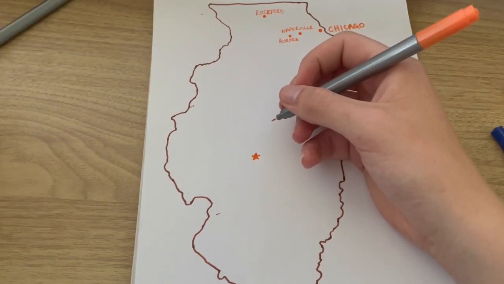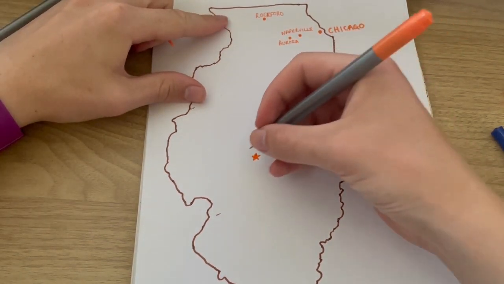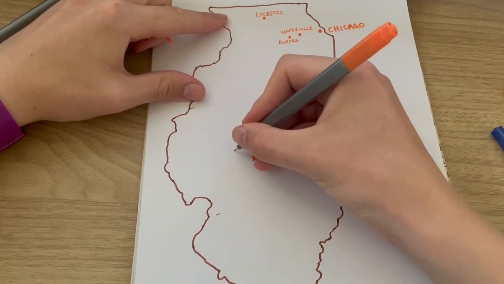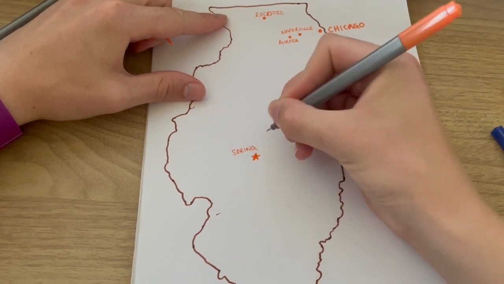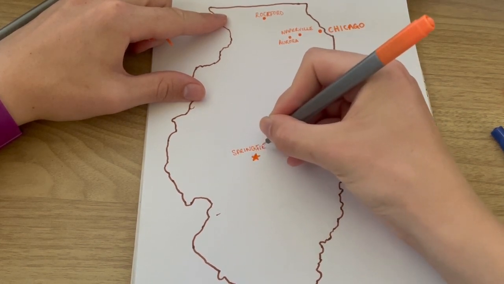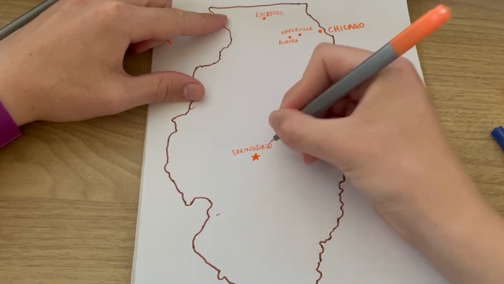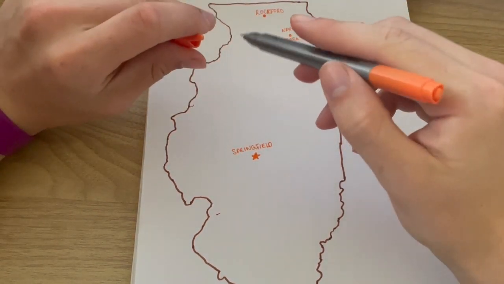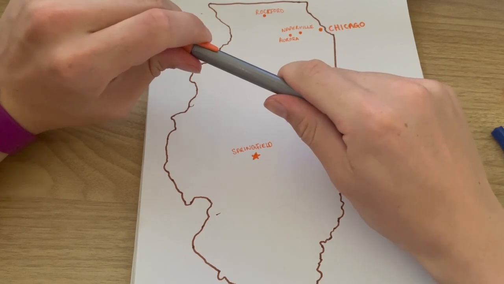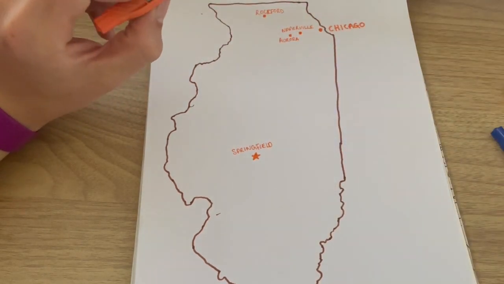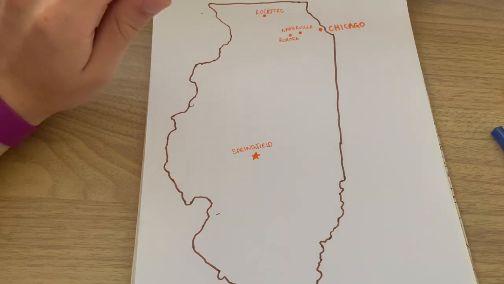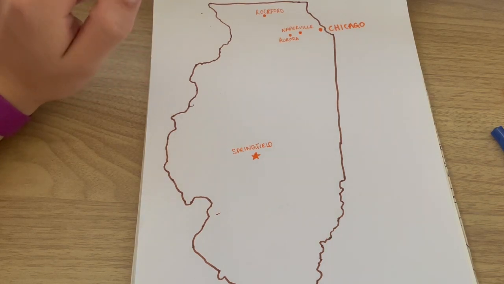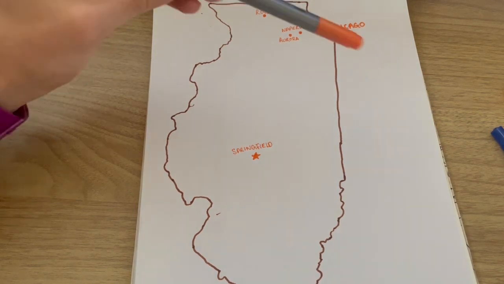denoted with a star in many of the maps that I've seen. This is Springfield, Illinois, which is the state capital. And then let me just, yeah, I'm going to put one more in just because.